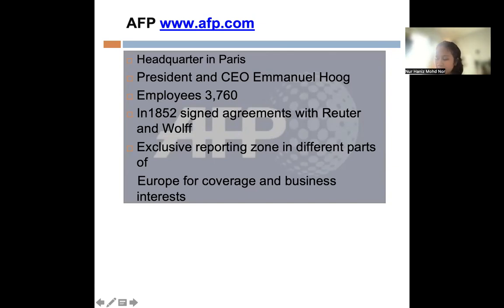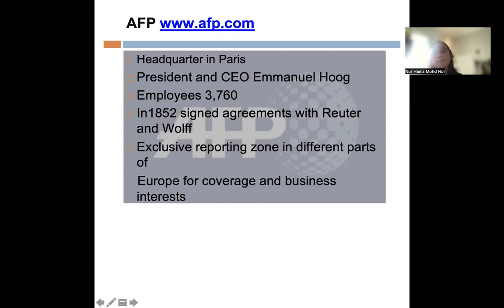For example, in a war zone, journalists are stationed in different places: Reuters here, here, and here, and AFP here, here, and here, so that the coverage will be much more wholesome.